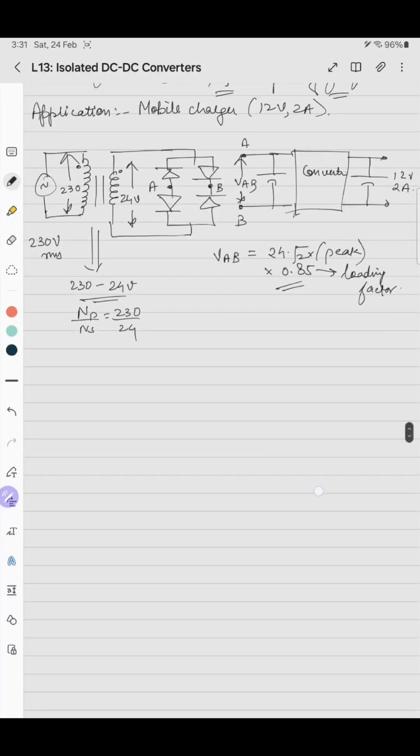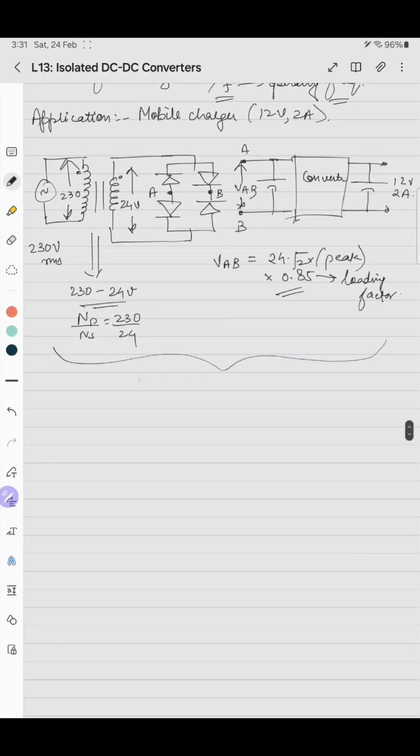Now in this whole application, this is the transformer, and the transformer is very bulky and lossy. Because the operating frequency here is the power frequency, the size of the transformer will increase. Then there will be eddy current losses and hysteresis losses.